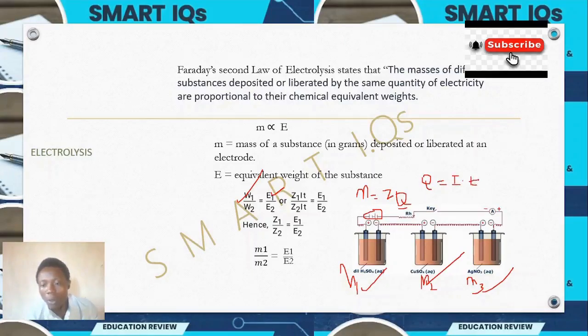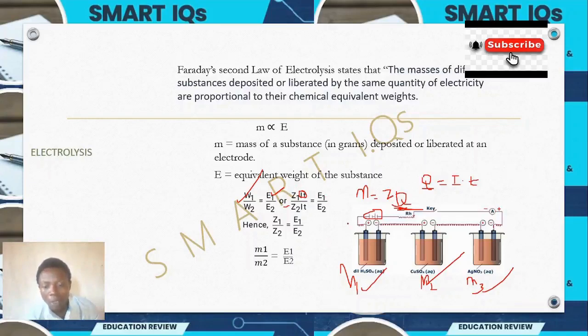Good. So that is why you can see Z times IT. This IT represents our what? Our Q. Very good. So if that is the case, this is Z and this is Q, meaning that the whole of these represents our M. So M1 is directly proportional to chemical equivalent weight 1.